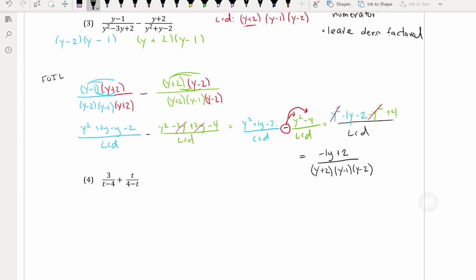And in the numerator, what I can do is factor out a negative 1. So I'm left with y minus 2 all over my y plus 2, y minus 1, and my y minus 2. So what ends up happening is the y minus 2 cancel, and I'm going to get my final answer as negative 1 over y plus 2 times my y minus 1.